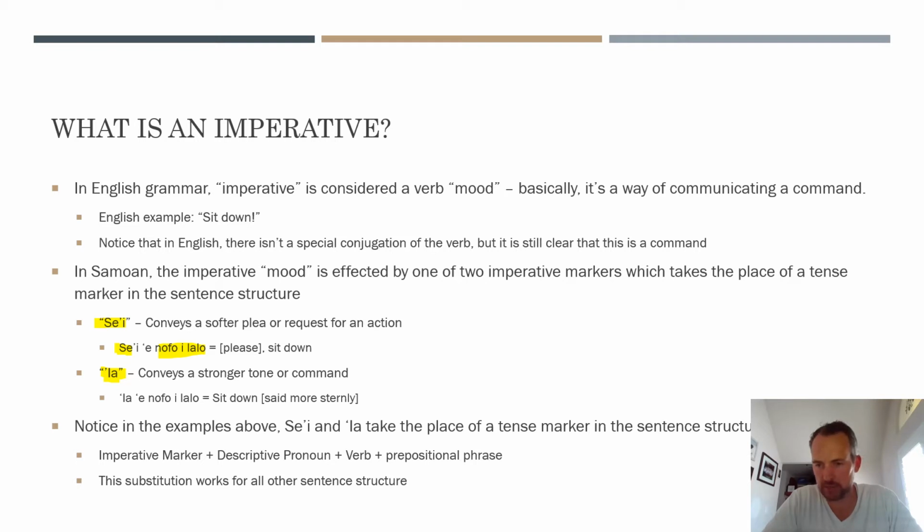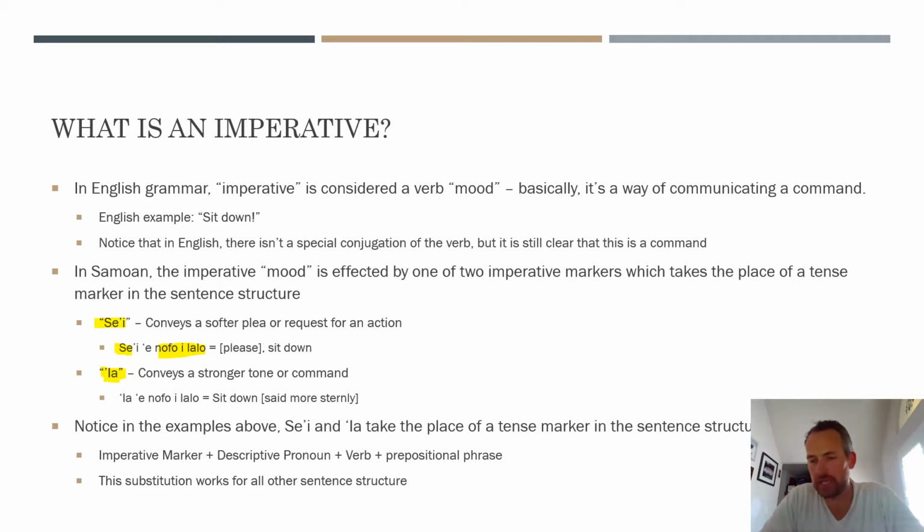It's like sit down. That's someone really telling you, you better sit. But notice the sentence structure is the same. We're just swapping one imperative marker in for another. So the nice thing here is you don't have to learn a new sentence structure. You just have to substitute these markers in for the tense markers for these commands to work.